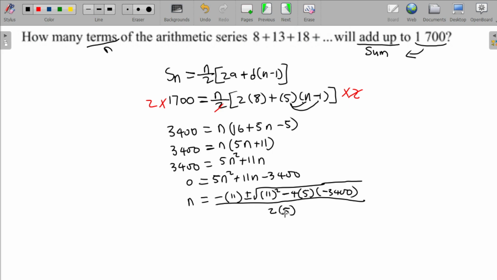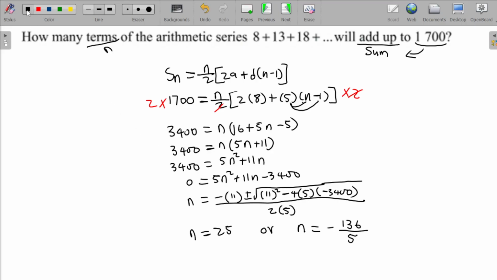So it's negative 11, and then plus the square root of 11 squared minus 4, and then times negative 3,400, and then all over 2a, which is 5. And then I get n of 25, or I get another n of negative 136 over 5.